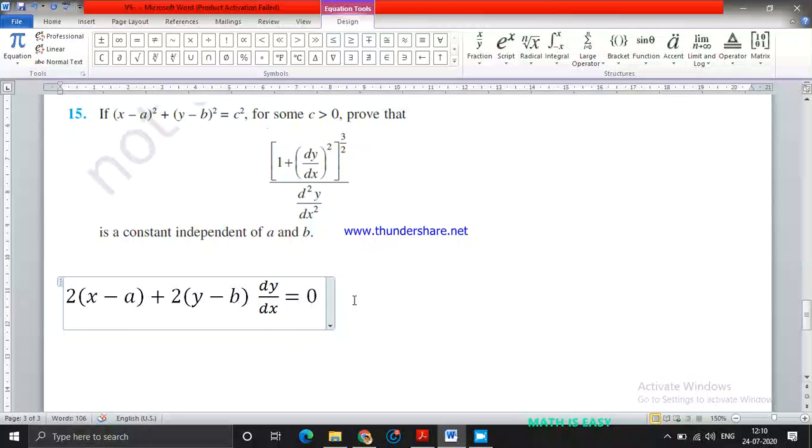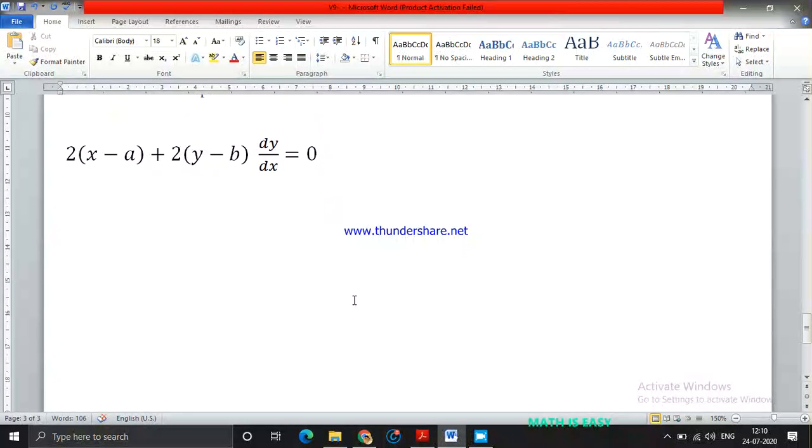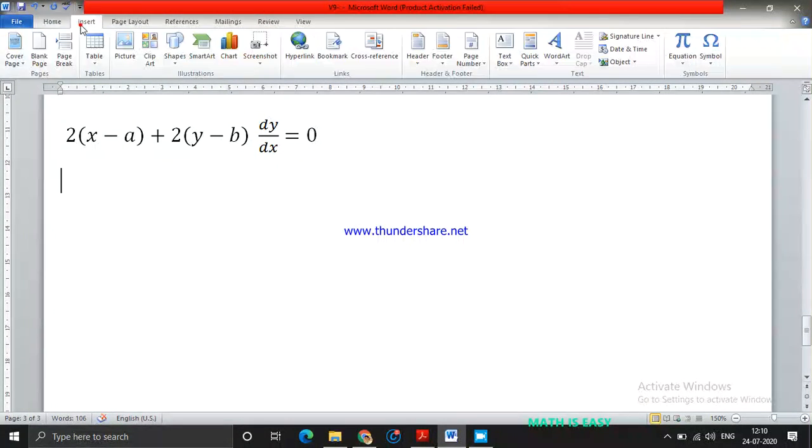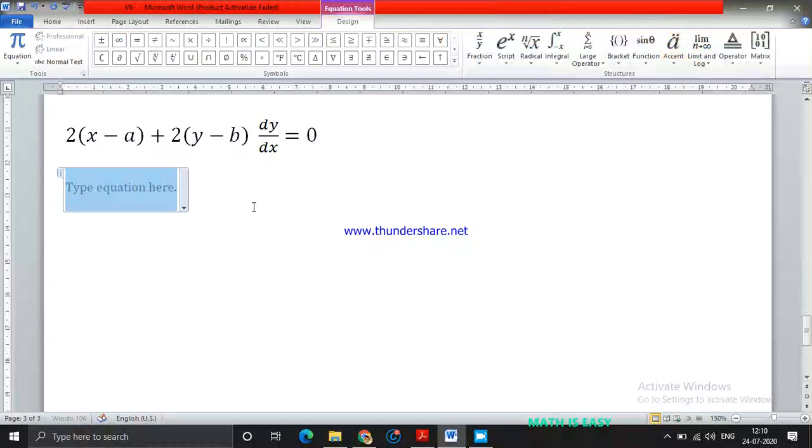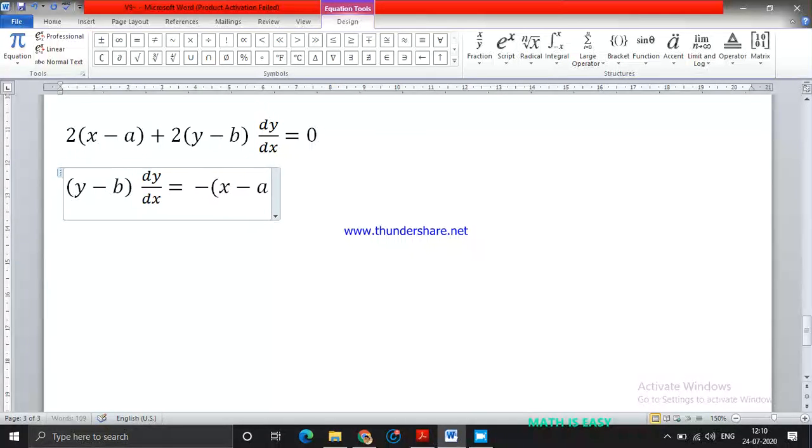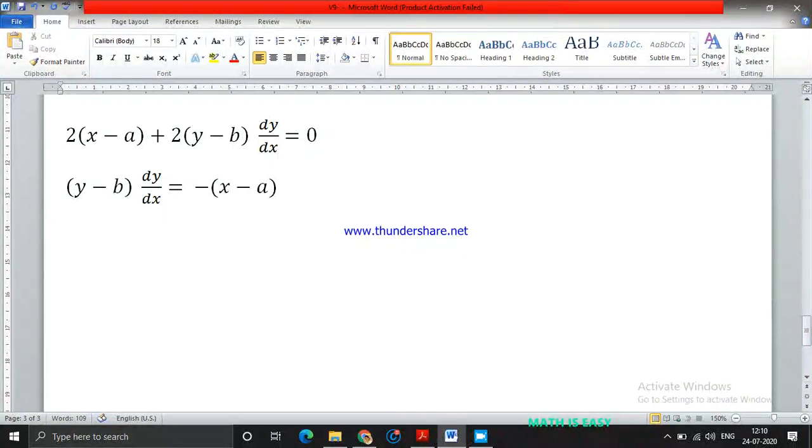Now if you want one more step of simplification, you can take 2 common and send that side, so it will come 0 upon 2 is 0. Then you can keep the other terms as they are. If you want, it is equals to minus of x minus a. So I send this x minus a term to the right hand side, it will become minus of x minus a. Okay.